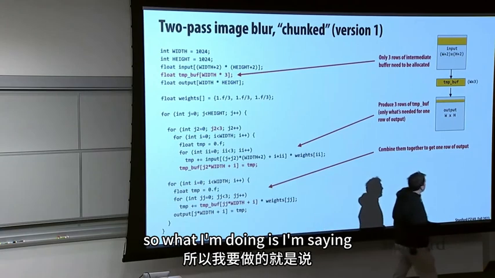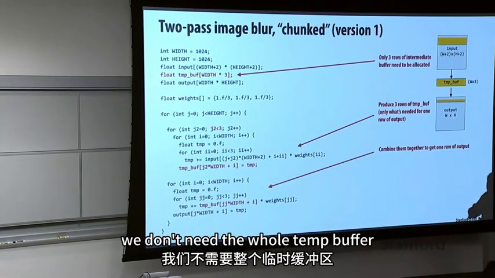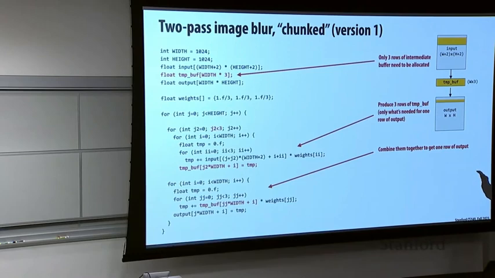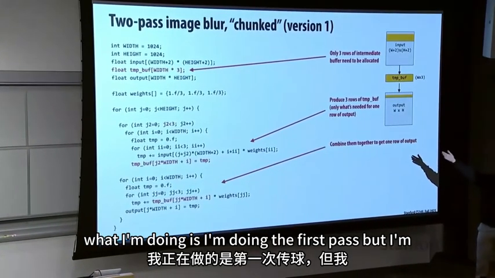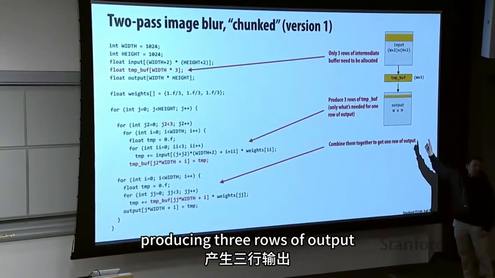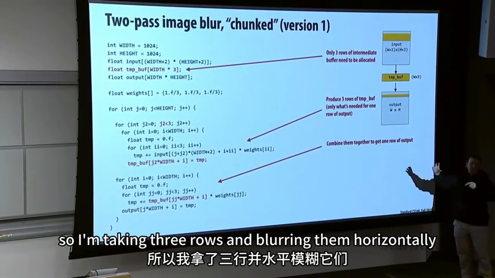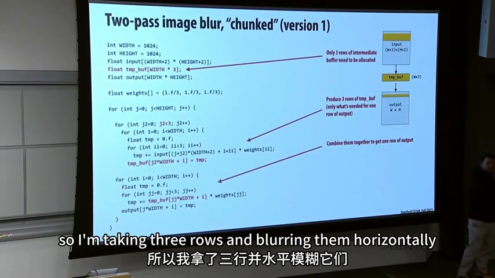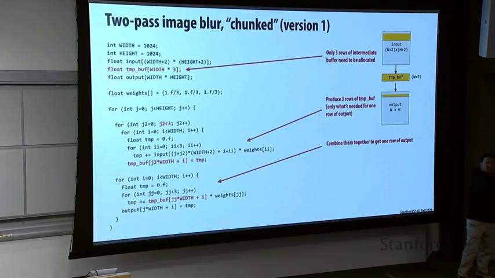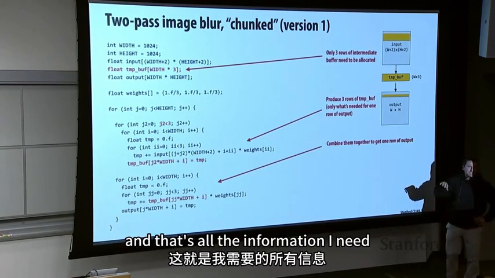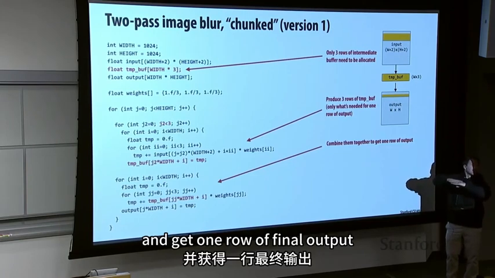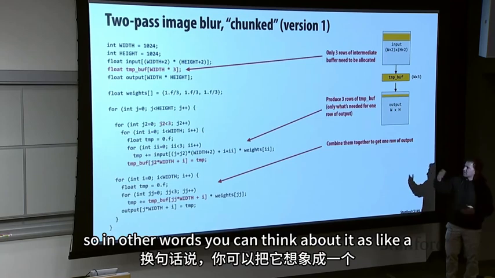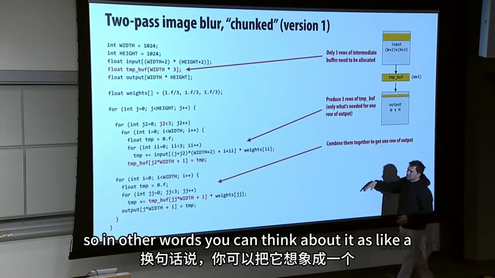So what I'm doing is I'm saying we don't need the whole temp buffer, the whole intermediate. I'm doing the first pass, but I'm only producing 3 rows of output. So I'm taking 3 rows and blurring them horizontally. And that's all the information I need to then blur those vertically and get 1 row of final output.